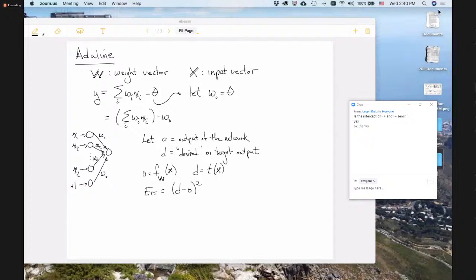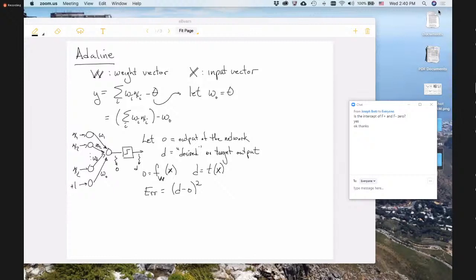And the reason that is significant is because you can imagine an extra box stuck on the output of the network where this is O. But our target, or D, is coming here.